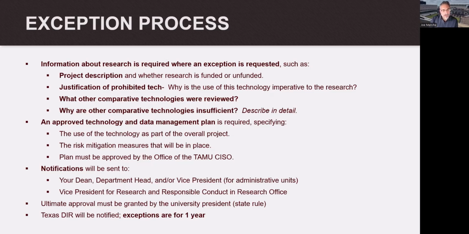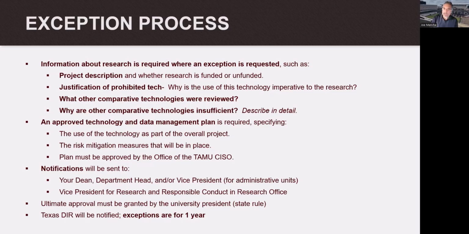We'll need to know what risk mitigation measures will be in place throughout the project. And of course, we can work with both your local IT support and you to make sure that we have the appropriate risk mitigation activities in place. That plan does need to be approved by the Chief Information Security Officer.